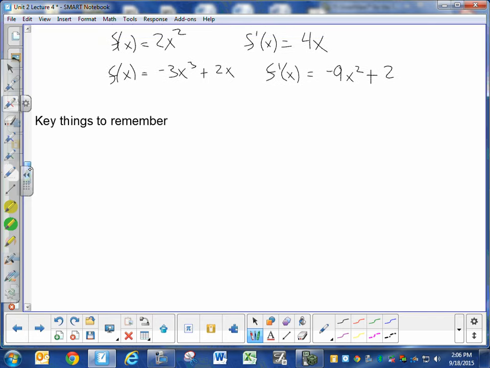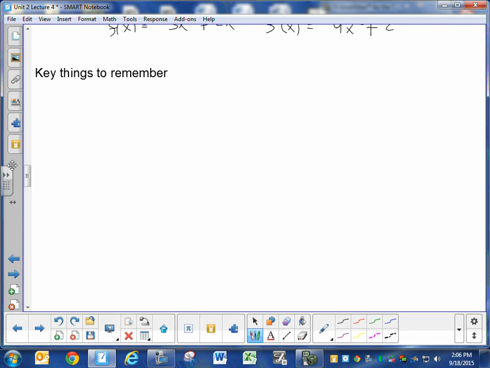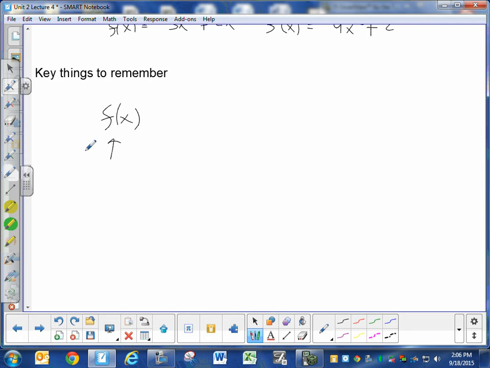Now, key things to remember. This is especially important when you are developing equations of tangent lines, because we're going to go back to our previous example. If you have a function, you plug in x's, you get y's. You get points on your function.